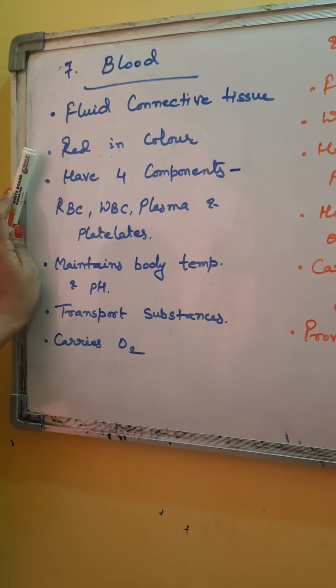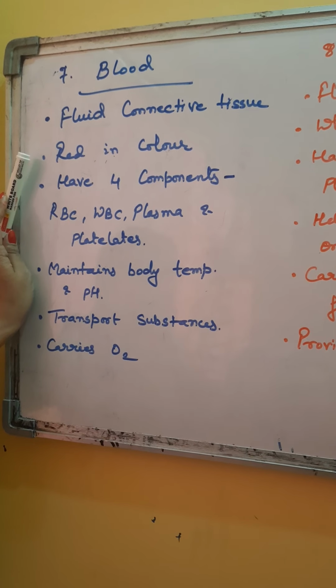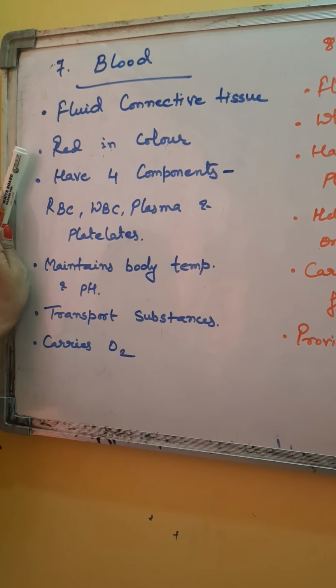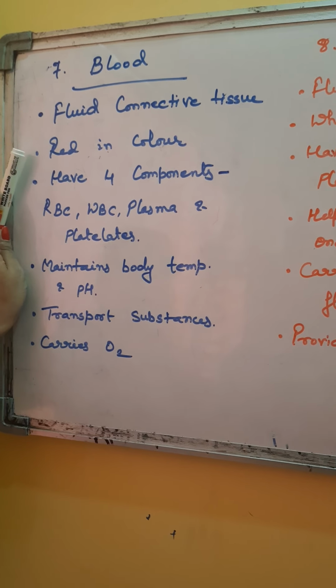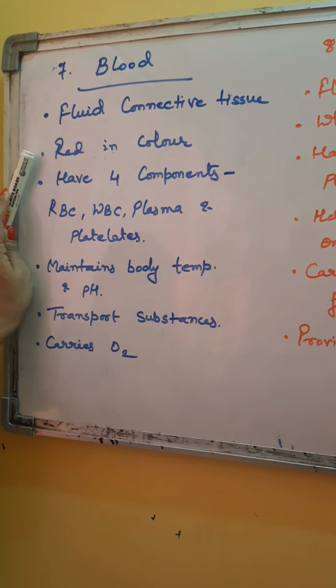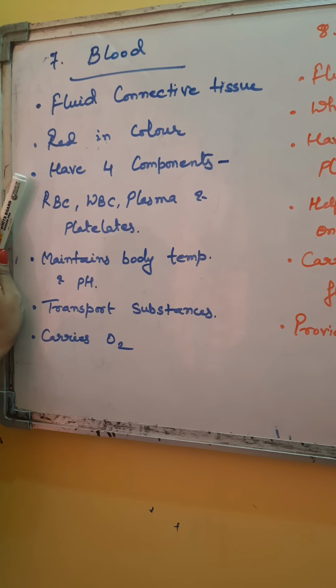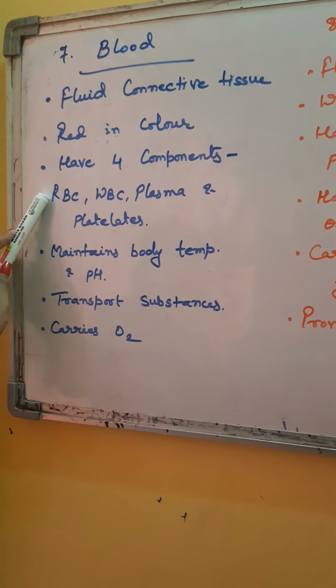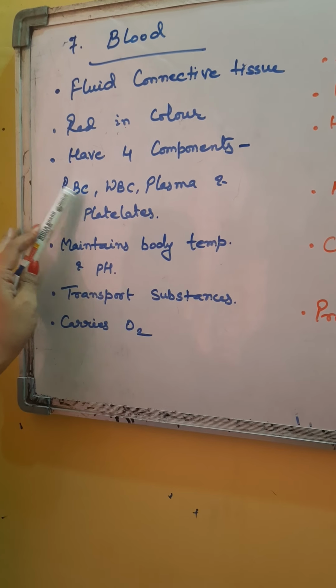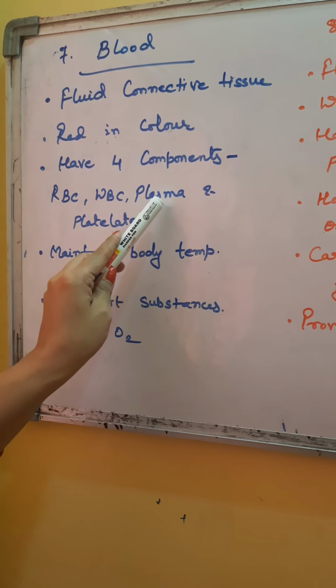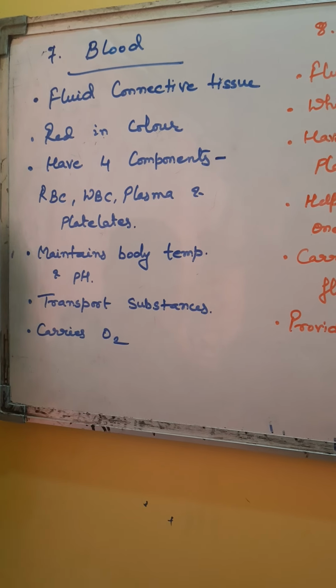So hemoglobin is an oxygen carrying pigment which is red in color, and due to the presence of hemoglobin, blood is red in color. Blood has four components: RBC, that is red blood corpuscles; WBC, that is white blood corpuscles; plasma and platelets.